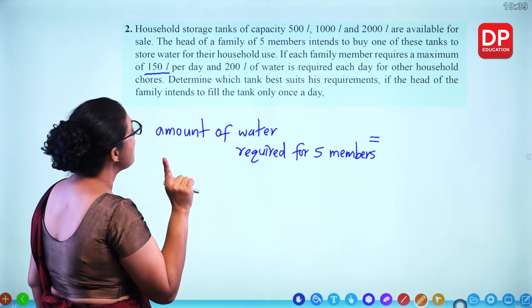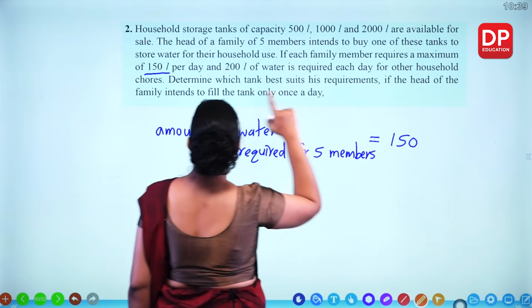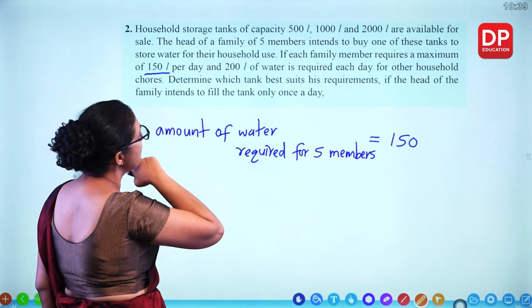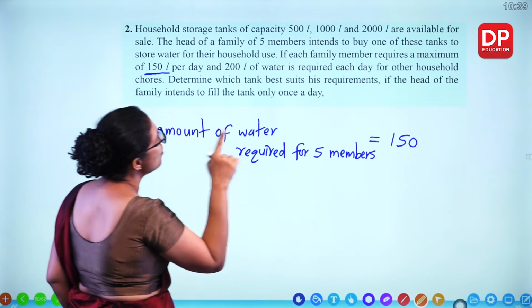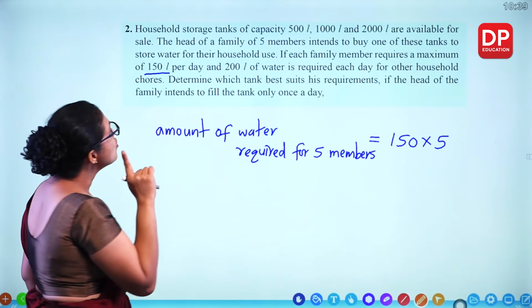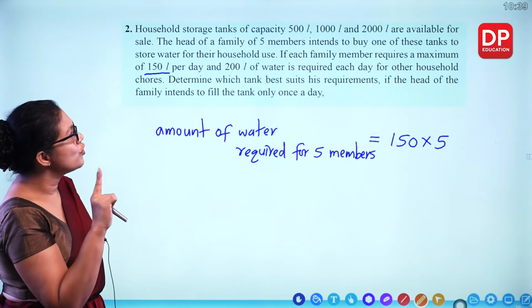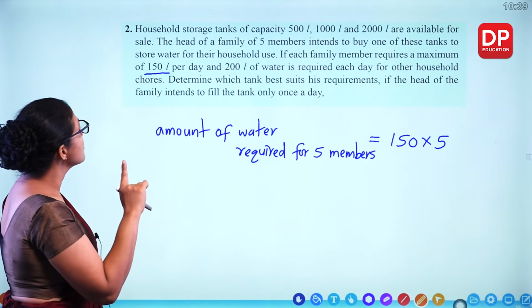Each member maximum 150 liters per day into 5, and then 200 liters of water is required each day for those household chores.